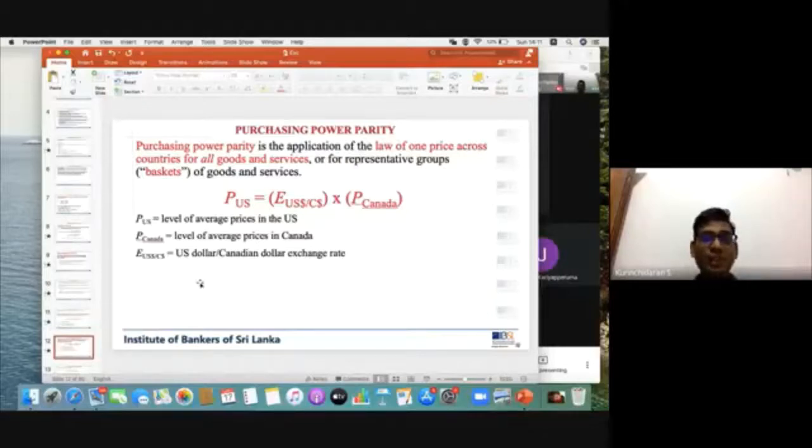So purchasing power parity is the application of the law of one price across countries for all goods and services, or for representative groups or baskets of goods and services.